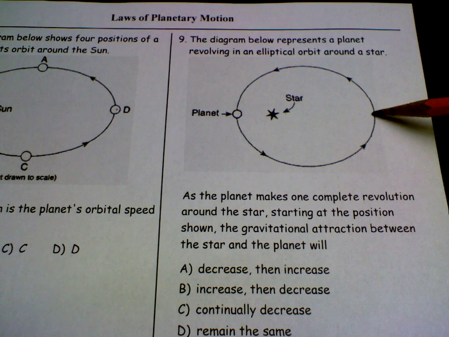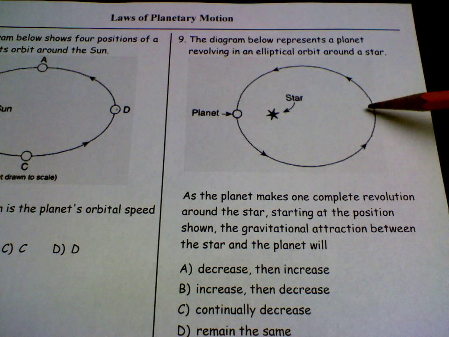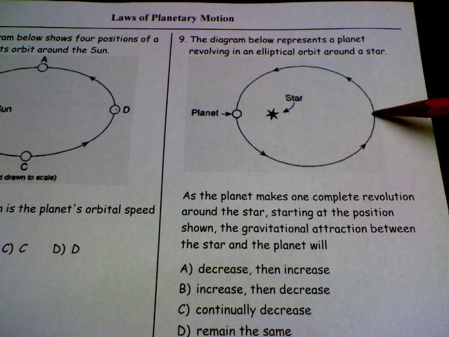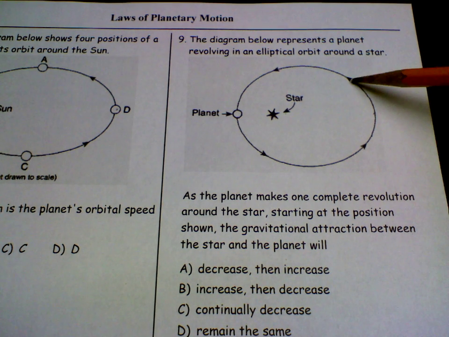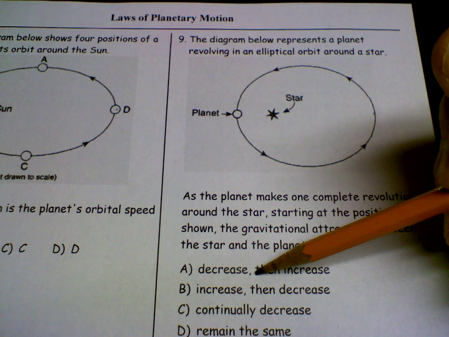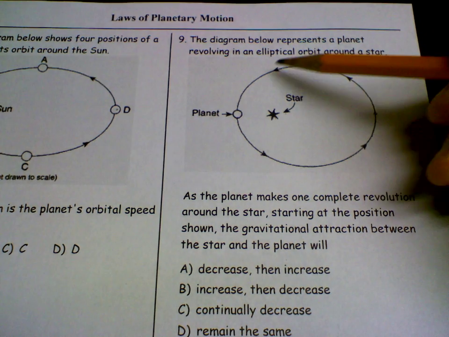This is aphelion. Now we're going to start to move closer to the sun. So instead of the gravitational attraction decreasing, which it did up to this point, now it's starting to move closer, it will start to increase. So the correct answer here is choice A. We will decrease until we hit here, then increase.